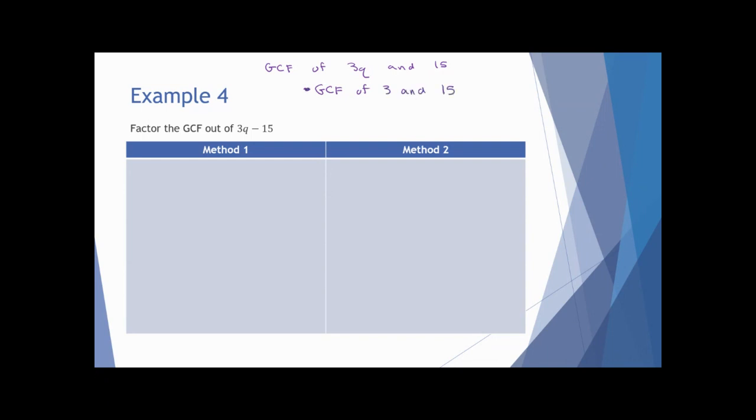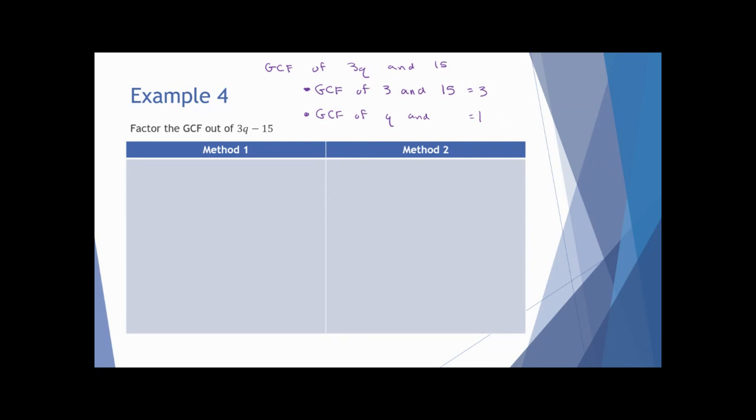And that one you can do mentally. You can say, okay, what number can I divide into 3 and divide into 15? And that's 3. Then for the q, you have something with q and you have nothing there. So there is no greatest common factor there.